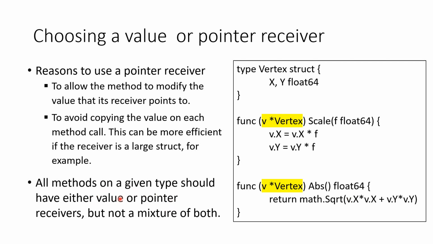Note that this is just a recommendation for programming style. It's not a syntactical requirement. So of course, you can have a mix of both methods with value receivers and methods with pointer receivers on a given type.